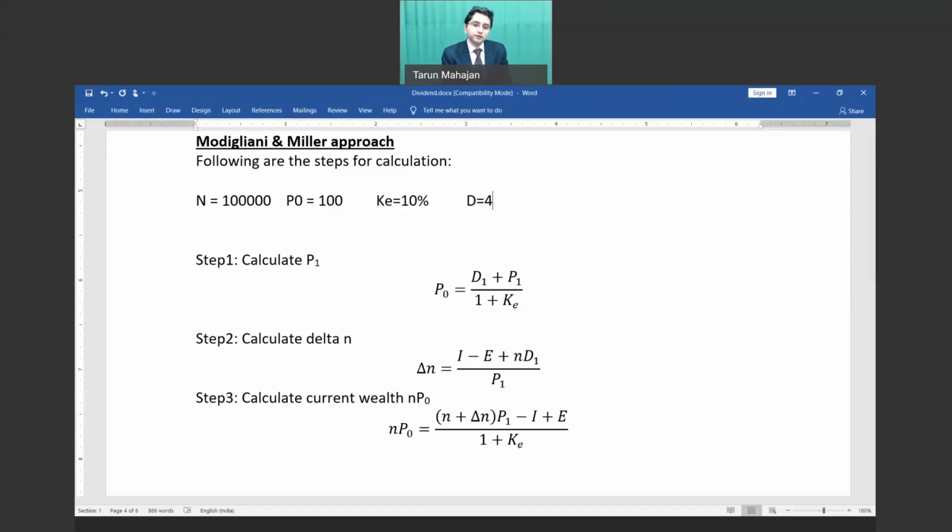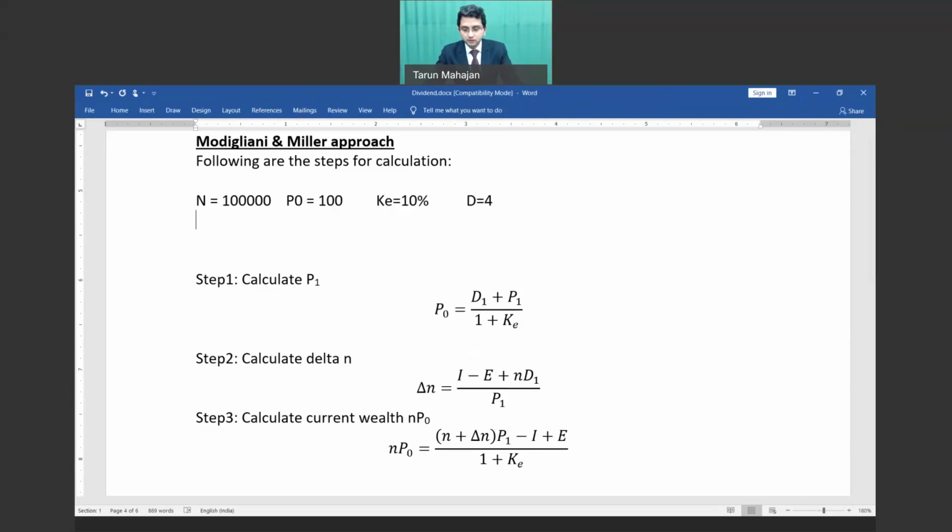And suppose total earning for the next year is 10 lakh rupees. Okay, let's say 10 lakh. Wait a minute. And total investment. I'm trying to create a good example. I'm not sure whether it is going to be good or not.